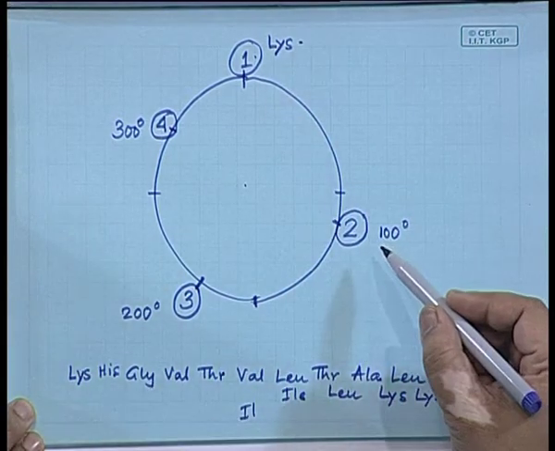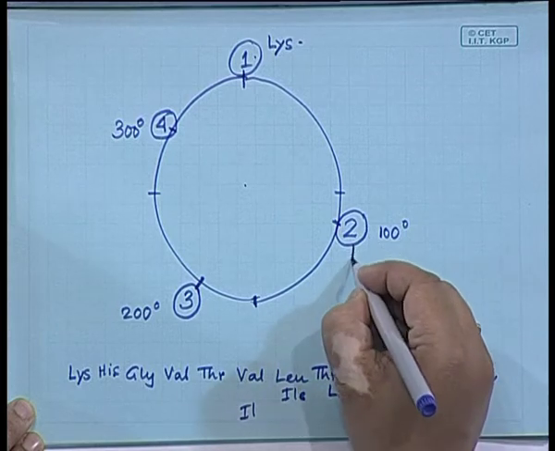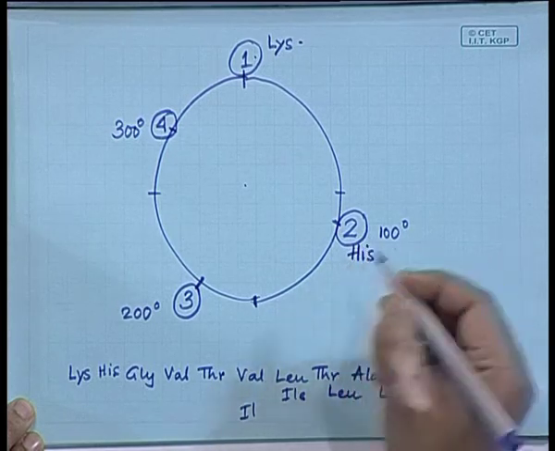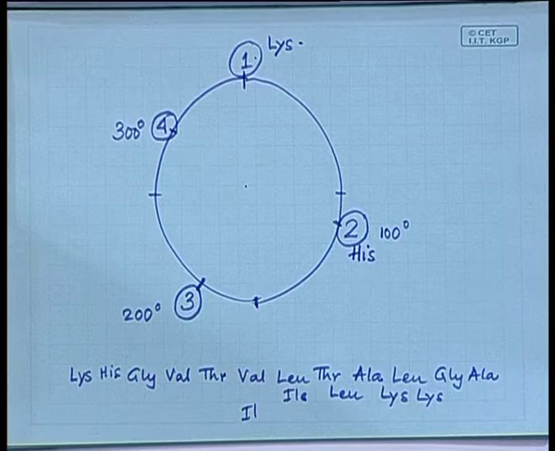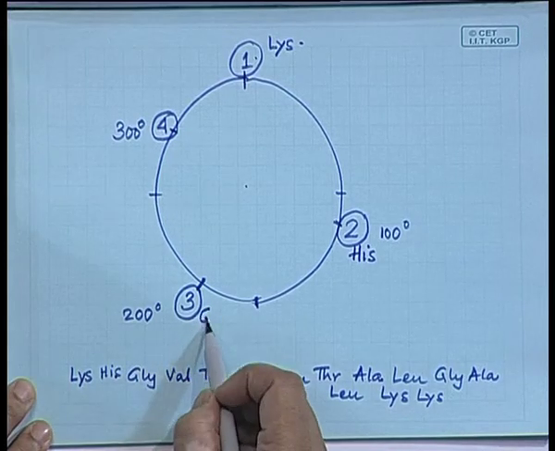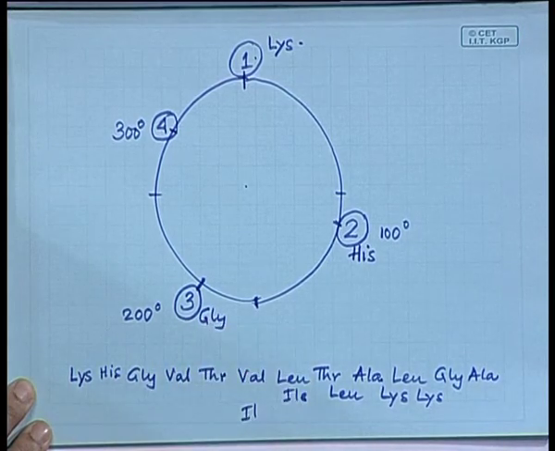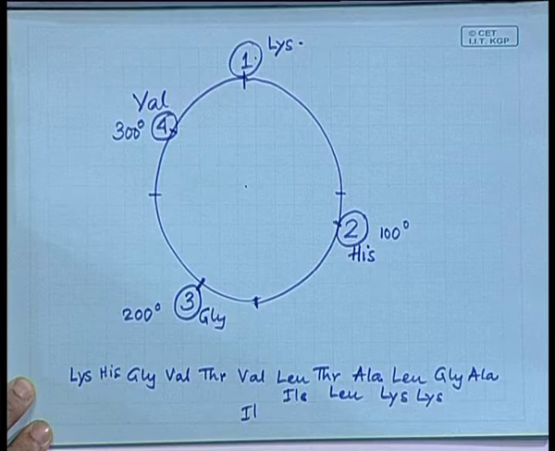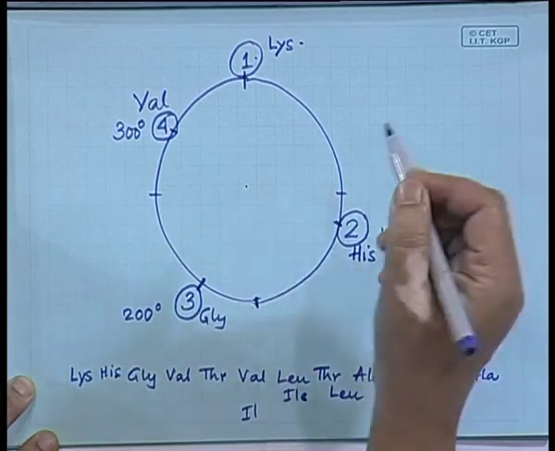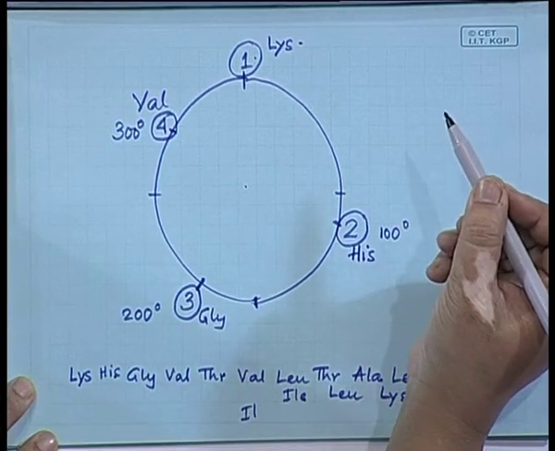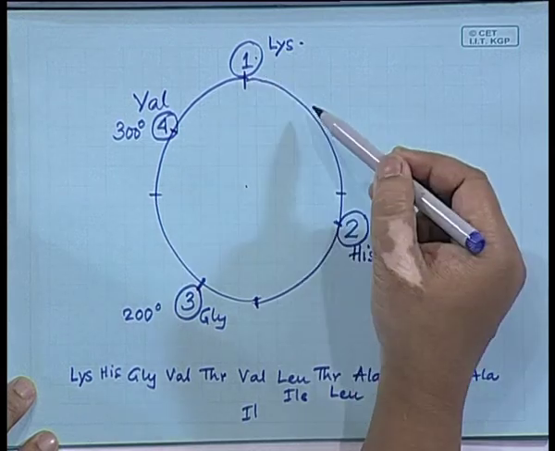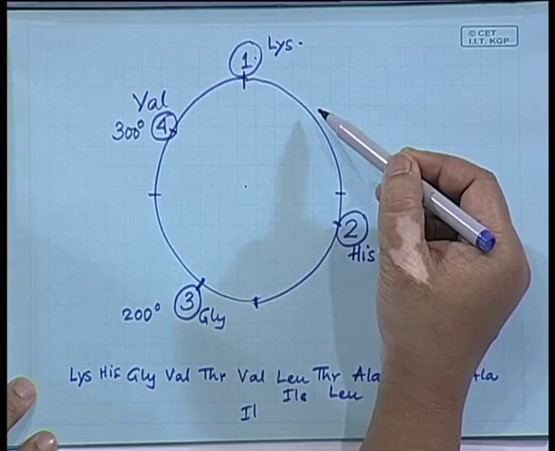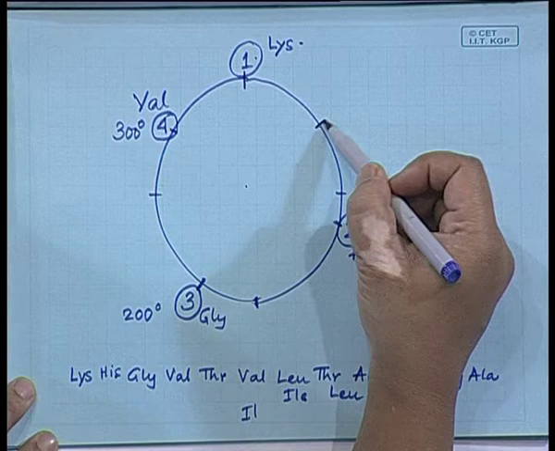Residue number 2 is histidine. So, this will be histidine. Residue number 3 is glycine. So, this is going to be glycine, right. Residue number 4, valine. Residue number 5 is going to be where? It is going to be at 400, which is basically 40 degrees after this, right. So, somewhere here.